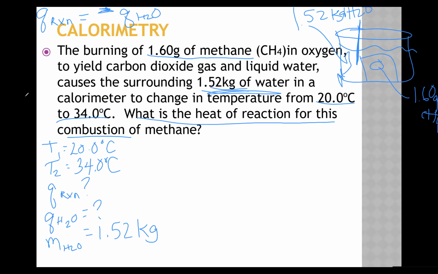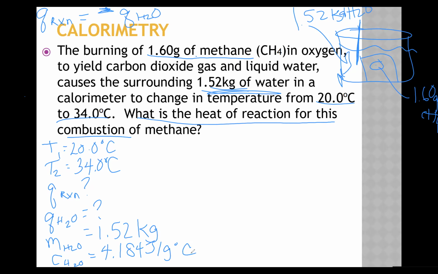Now, what we're missing is a specific heat. We don't have the specific heat for methane. We're burning the methane and we're not measuring the temperature change of the methane. But we know from earlier that the specific heat of water is 4.184 joules per gram degree Celsius.